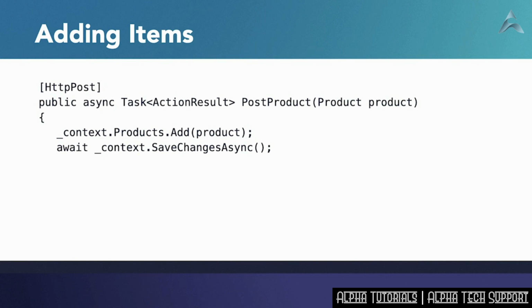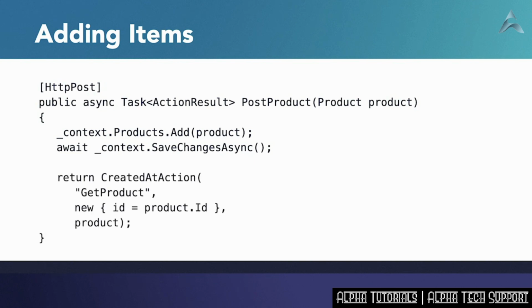ASP.NET Core Web API comes with a certain type of action results for that and a helper method. And that helper method is CreatedAtAction. So we are using that method if we are creating a new item. And there are 3 arguments we are providing. The first argument is the name of the method that is responsible for retrieving one individual item.